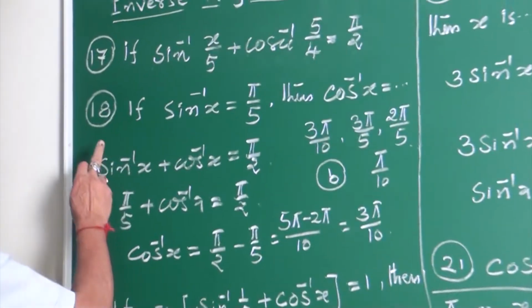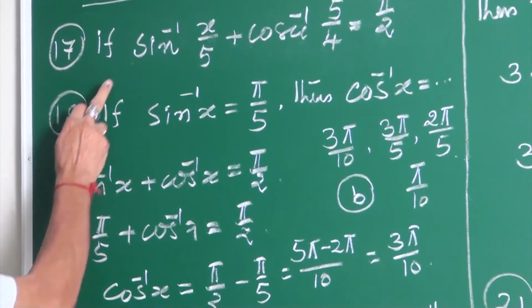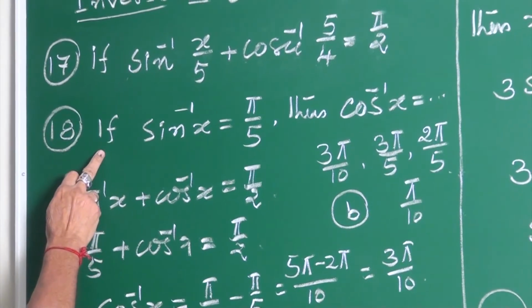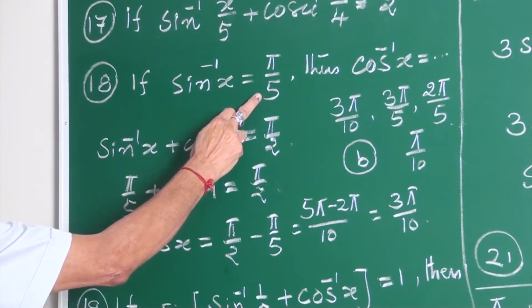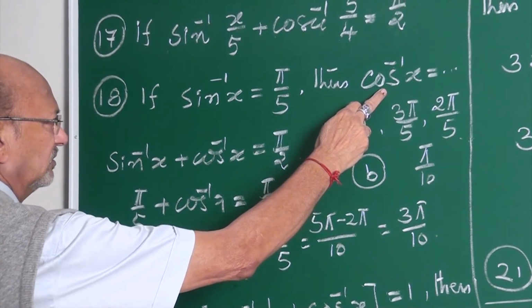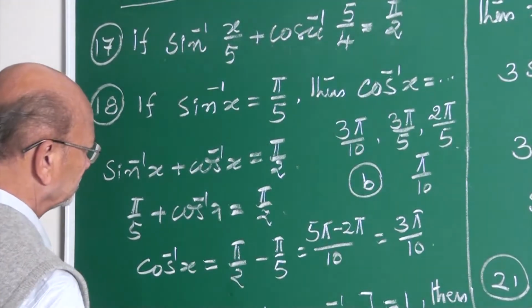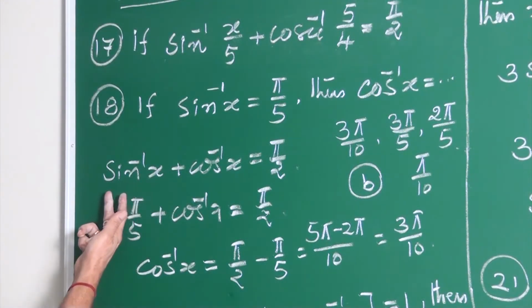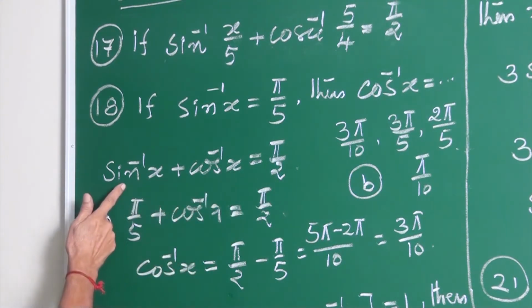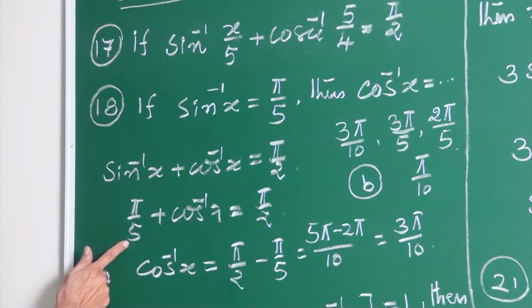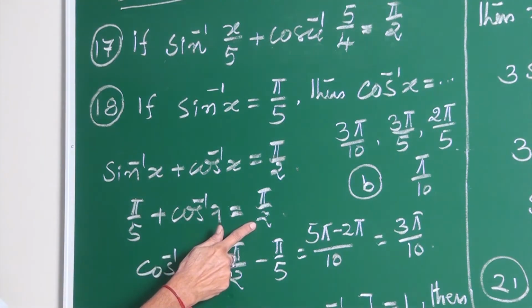Yes, my friend. This is done. This is the next example. If sin inverse x equals pi by 5, then the value of cos inverse x. We know that sin inverse x plus cos inverse x is pi by 2. Pi by 5 plus cos inverse x is pi by 2.